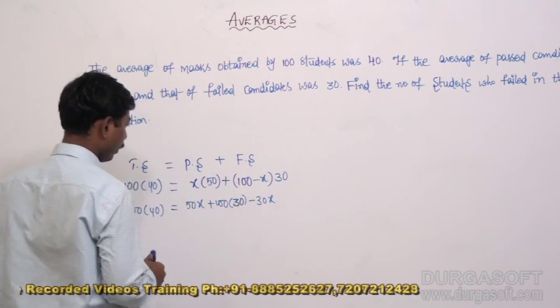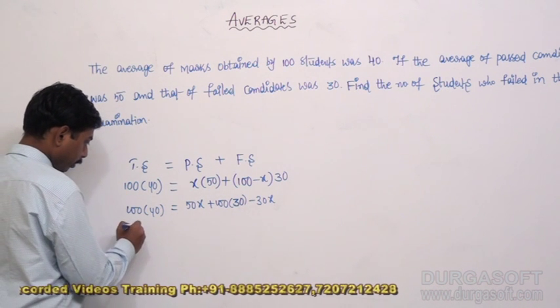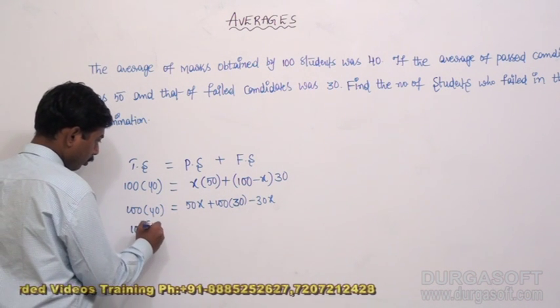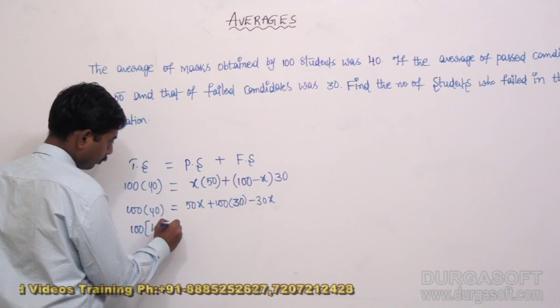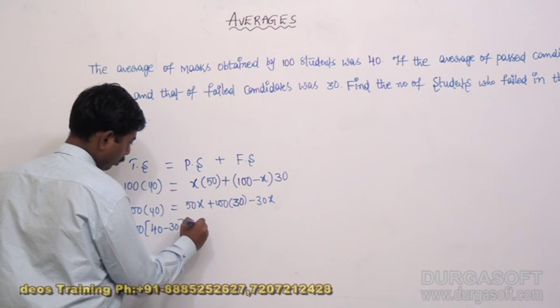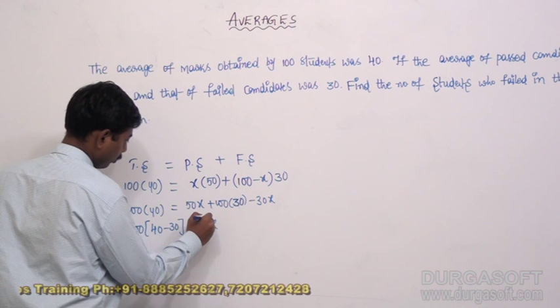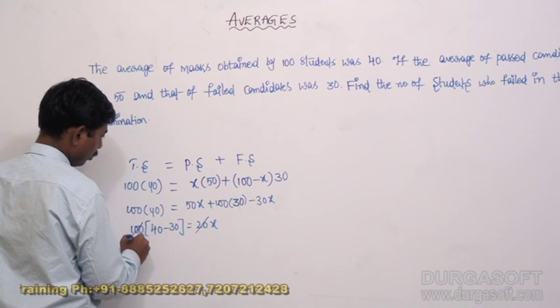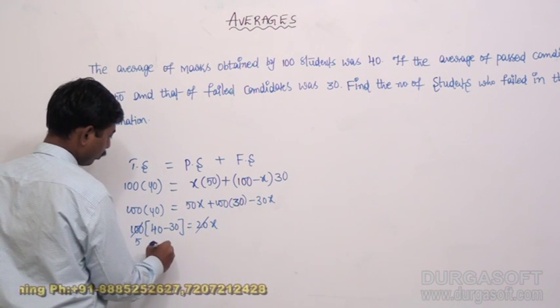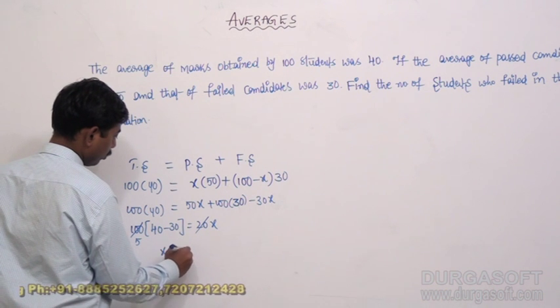Let us go for the calculation. If I take 100 as common, 40 minus 30 gives 20x, and x equals how much? 50.